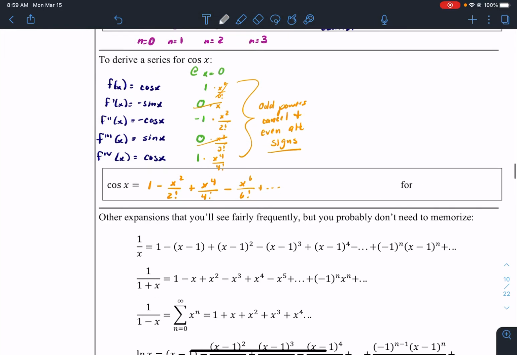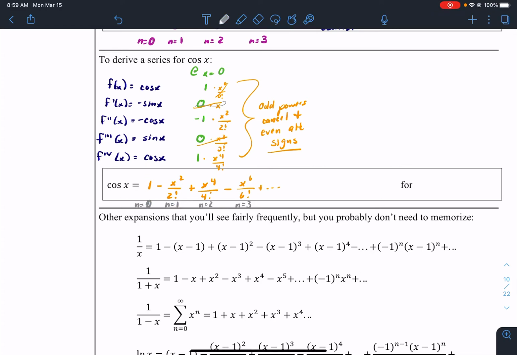Remember, this is not 1, this is not 2, and this is not 3 when it comes to the n, because these got reduced out. So really, this is n equals 0. Then this is n equals 1, then n equals 2, and this is n equals 3. So what is the relationship between 3 and 6, and 2 and 4, and 1 and 2?